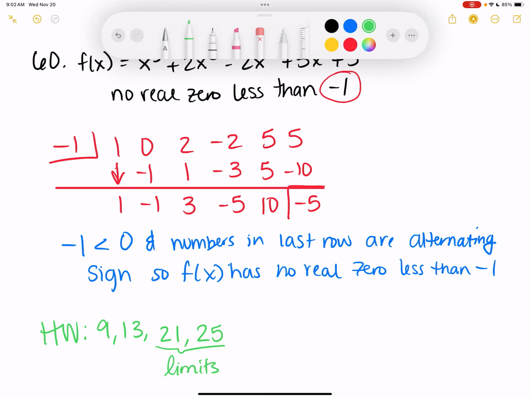If you want to draw the little picture, you can, but I just skipped drawing it because pictures are not really mathematical. I would rather you do the math way of doing them. So, up to you, but do the limit way if you're going to do that. Intermediate value problems, let's do 47 and 49, and then 57 and 59 for the no real zeros greater than or less than thing.